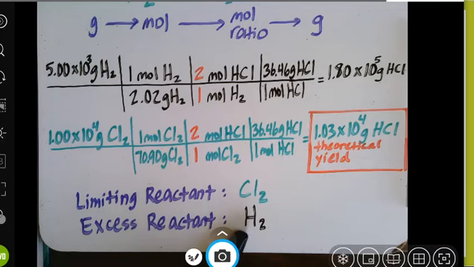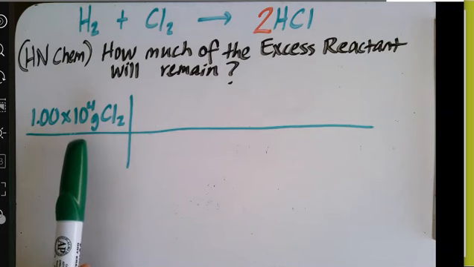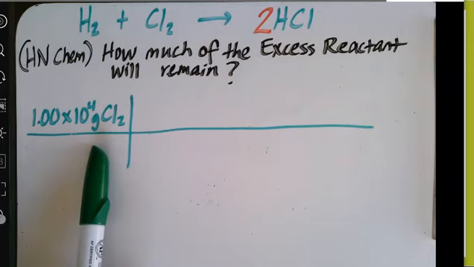Let's examine how much of the hydrogen or the excess reactant is actually left over. Recall that we were given this amount of the limiting reactant. Through stoichiometry, we are going to calculate how much hydrogen or the excess reactant was used up in making hydrogen chloride to get to the 1.03 times 10 to the 4 grams of hydrogen chloride.